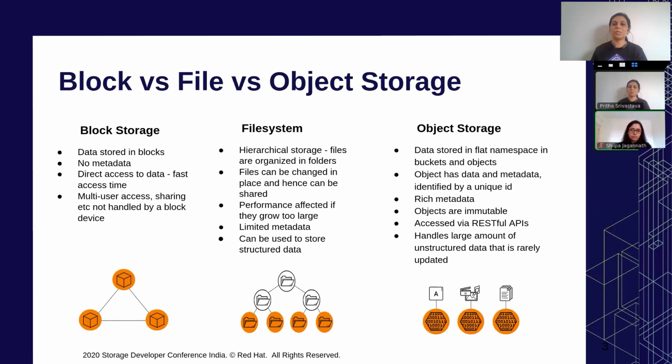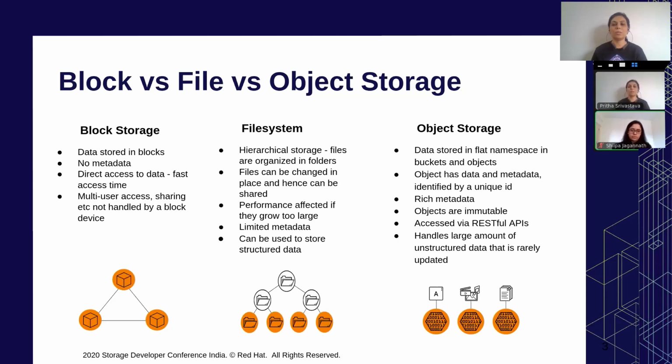In object storage, data is stored in a flat namespace in buckets and objects. An object is a basic unit of data storage, and it also has very rich metadata associated with it. An object is identified by a unique ID, which is unique across the entire storage cluster.